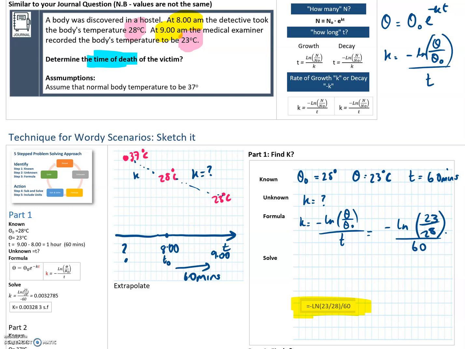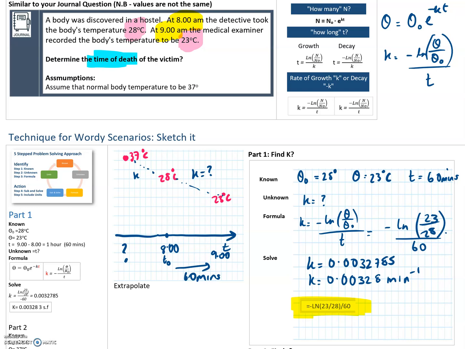Or we can just type it into our calculator, and we get a K value of 0.0032785. And then to three significant figures, this would become 0.00328, and that's per minute. So we now have our K value.